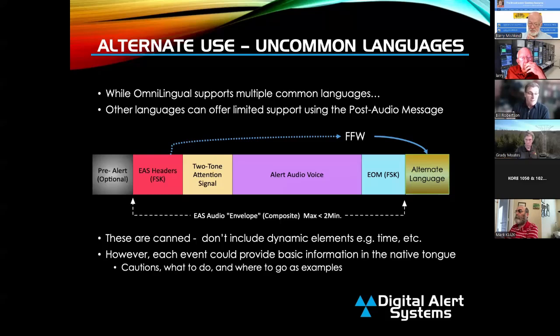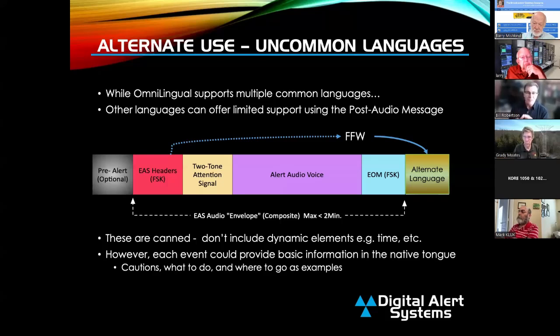That way, if I've got a flash flood warning in this example, I can put what should be, listen, this is a flash flood warning, be alert to these types of things. It's not going to have the dynamic elements because we've pre-canned this message. This is something that we've pre-recorded and put in there at the post audio.